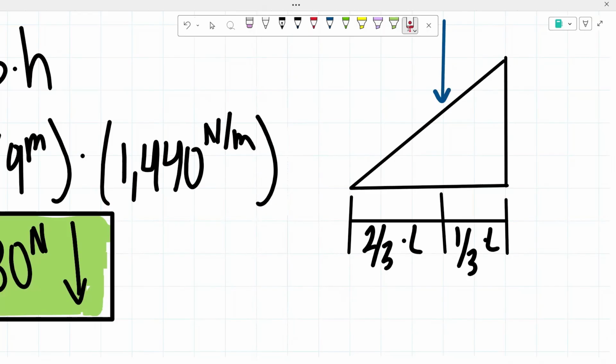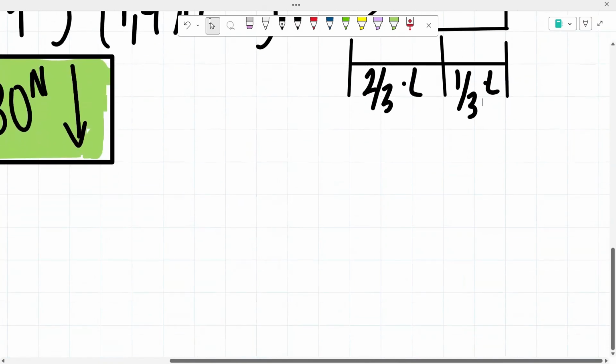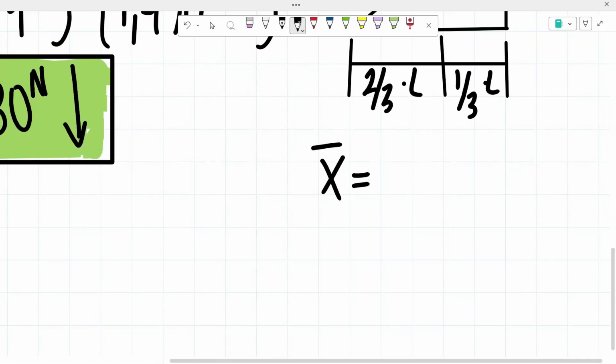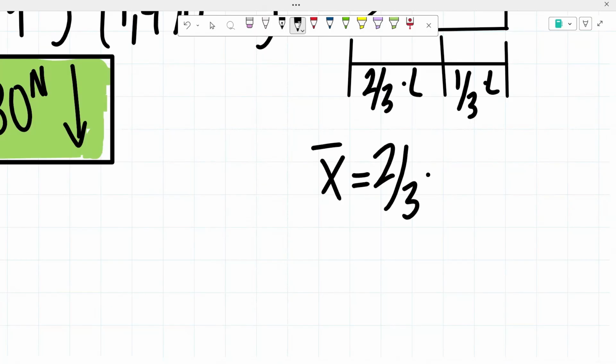So basically, you could solve for this either way, either multiplying it by 1/3 of the length or 2/3 of the length. You just have to specify it. So let me show that real quickly. The location of our resultant force is equal to, if I were to choose the 2/3 length of the triangle, 2/3 times 9 meters, right?